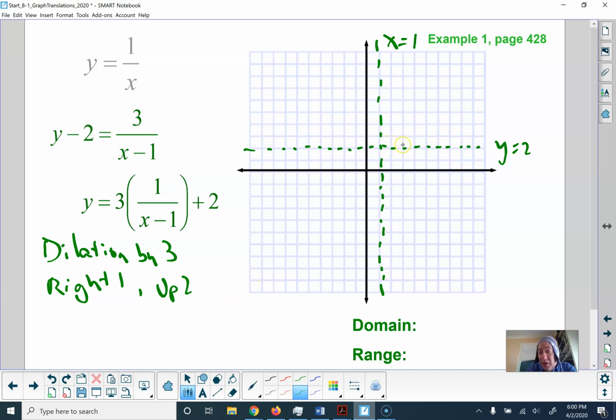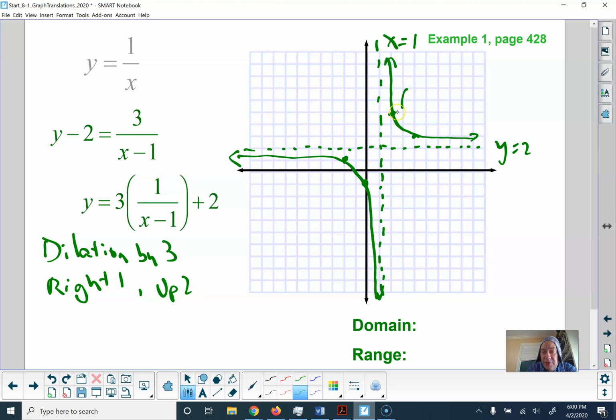So we can go from our new origin 3 and 1, 1 and 3, and here's this branch of the hyperbola. Likewise, from the origin, negative 3, 1, and negative 1, 3, and we have those points. And there it is.